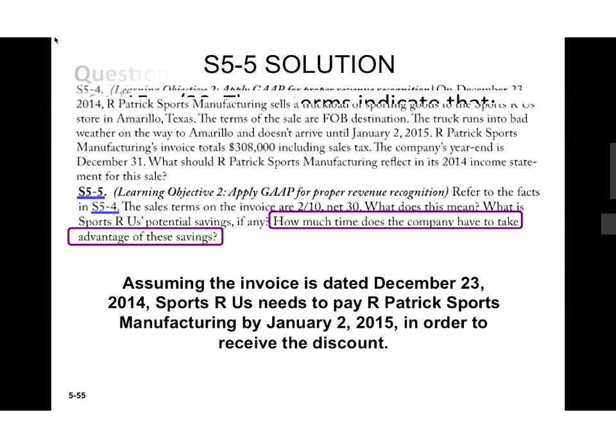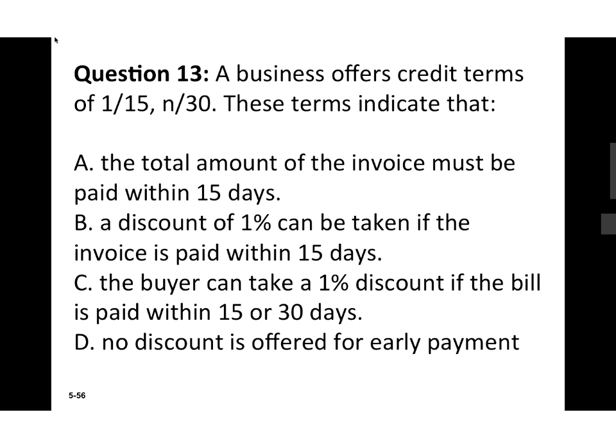Okay, so question 13. A business offers credit terms 1/15 net 30. What do these terms indicate? Read carefully. Make your selection.